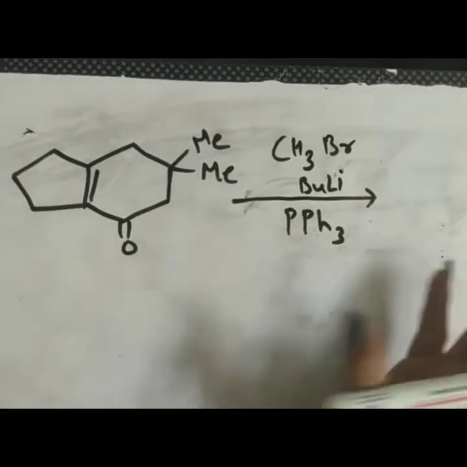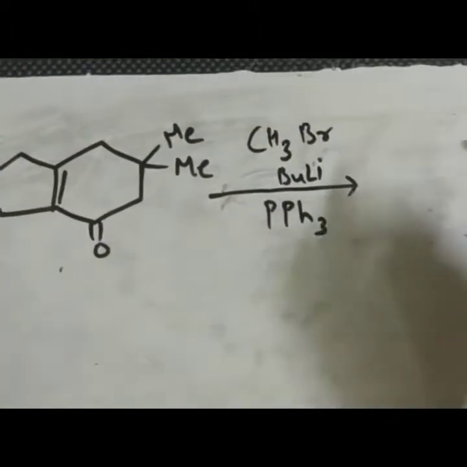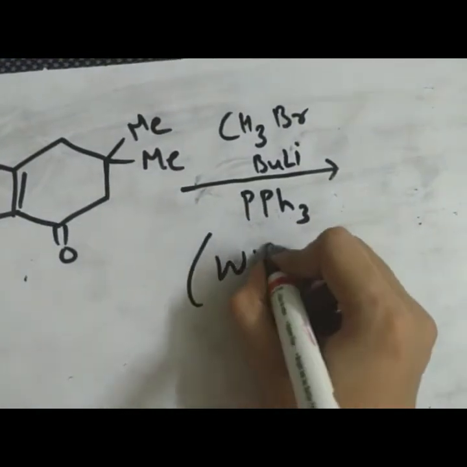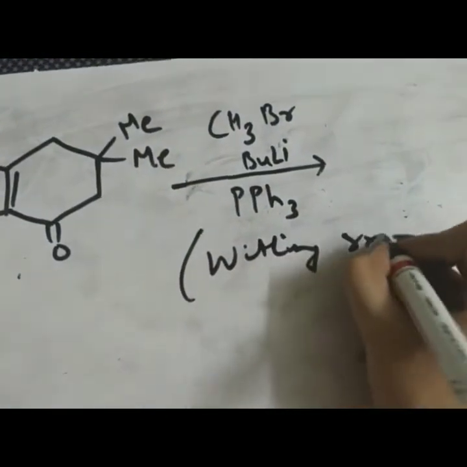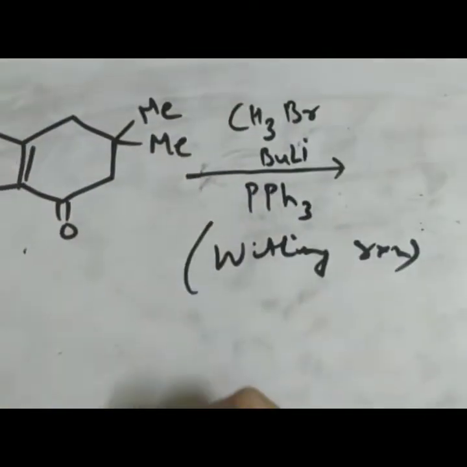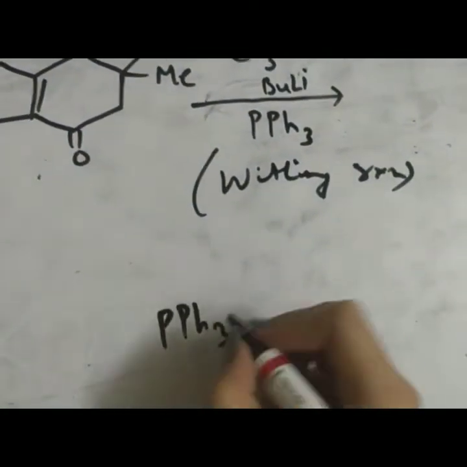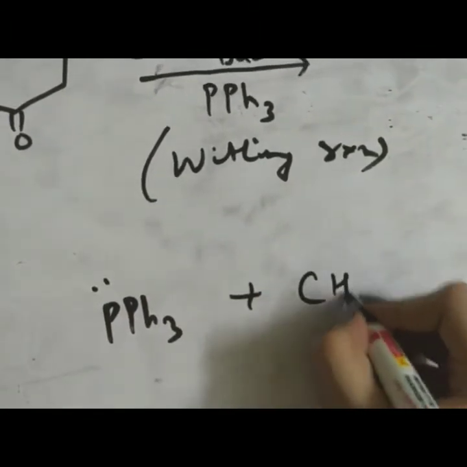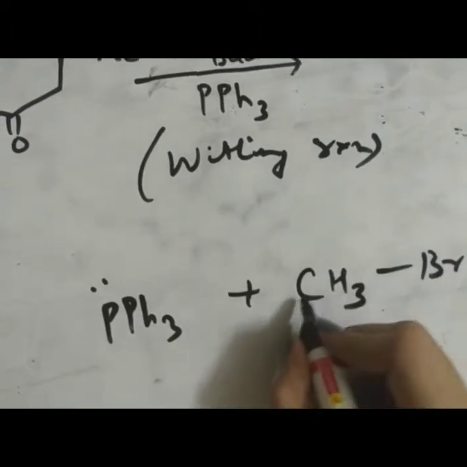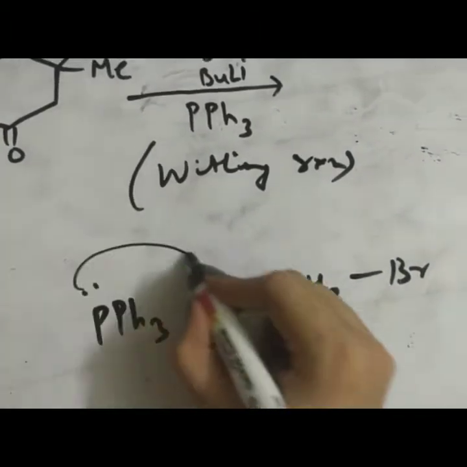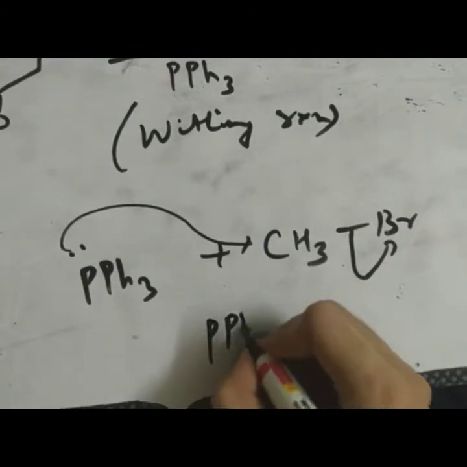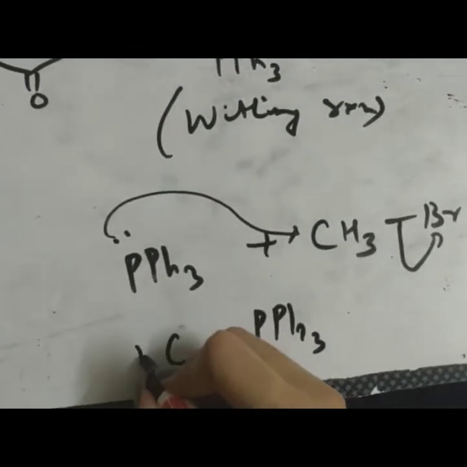So now what is going to happen? We have obtained this, and now we are adding these reagents, and this is nothing but the Wittig reaction. So now we have to see what is going to happen next. See, in the Wittig reaction, PPh3 has a lone pair on phosphorus, and it will attack the sigma antibonding of CH3 here in such a way that Br leaves, and we obtain PPh3 and CH3.